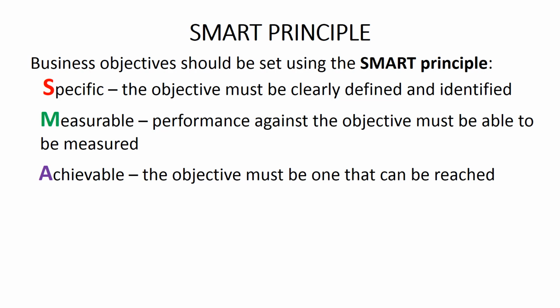An example of a business objective that does not have this characteristic is an objective that states that the business, perhaps being a clothing business, will capture a 90% share of the clothing market in Victoria within the next 3 years. Now, it's very unlikely that a clothing business will achieve a 90% share of the Victorian clothing market.